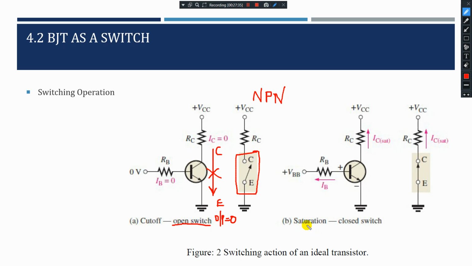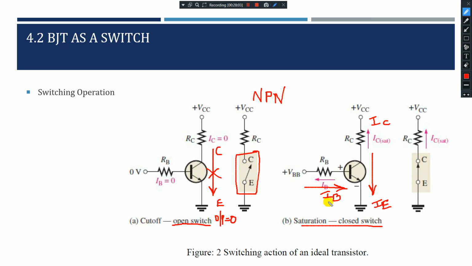Coming to your closed switch. I don't need to explain too much for this. If you observe here, there is a current flowing from VCC to IC and IE. If there is a flow of current from IC to IE, that means there is a slight increase in current, which is nothing but your IB.